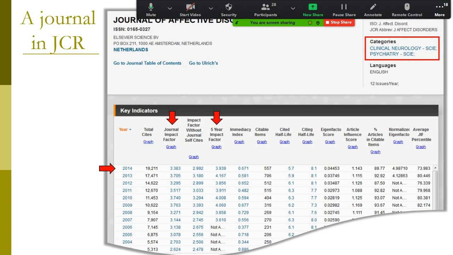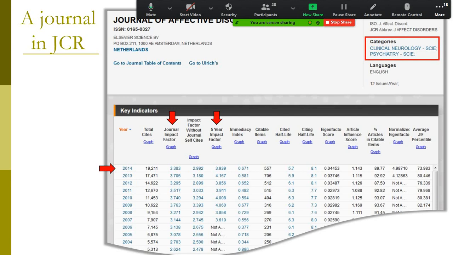You will find the year-wise impact factor and 5-year impact factor, and other items like cited half-life, citing half-life, eigenfactor score, and many other indicators for that journal. All these indicators are based on calculations from the citations, so citations divided by the number of articles.